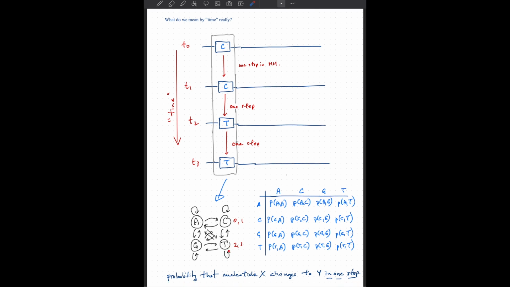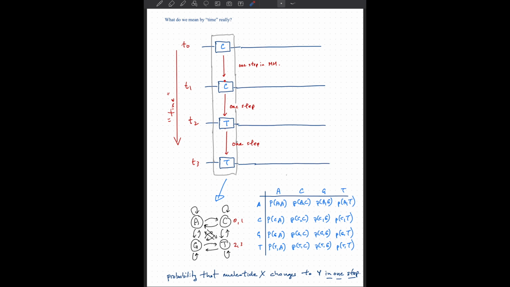Now, let's get that point straight. I can use this Markov model in an abstract way to think of discrete time points, and I could somehow synchronize those discrete time points with an allotted time. It doesn't need to be 1 second or 1 hour or 1 minute. Each step could be, let's say, 1,000 years.